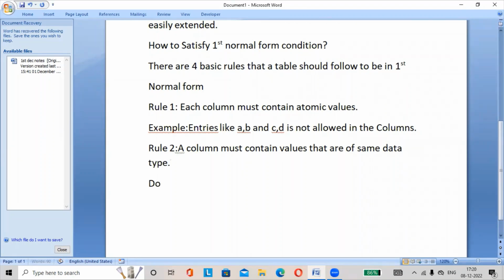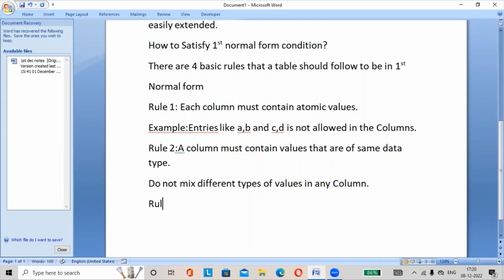Do not mix different types of values in any column. This is rule number 2.